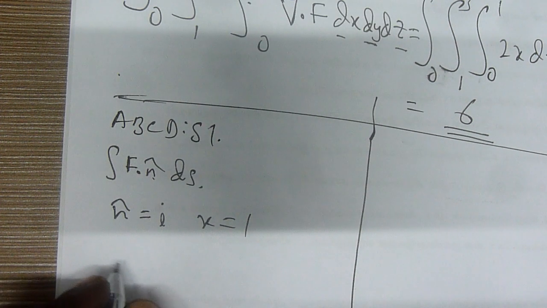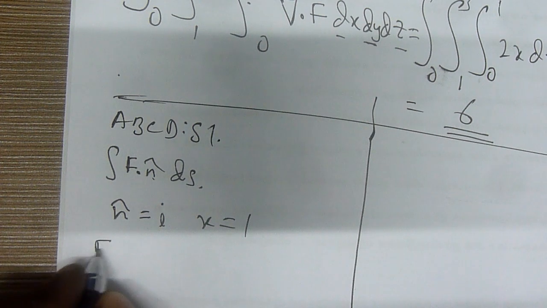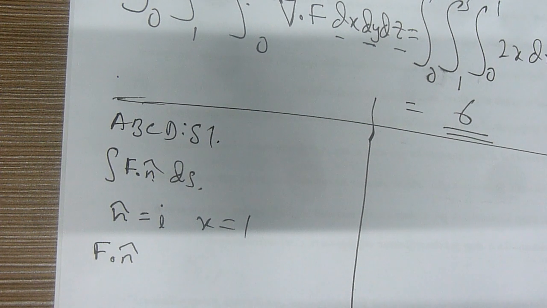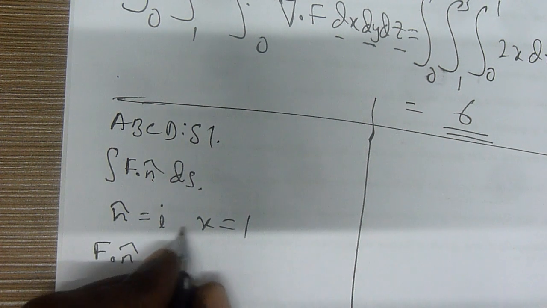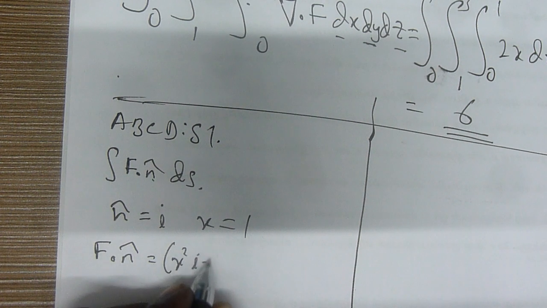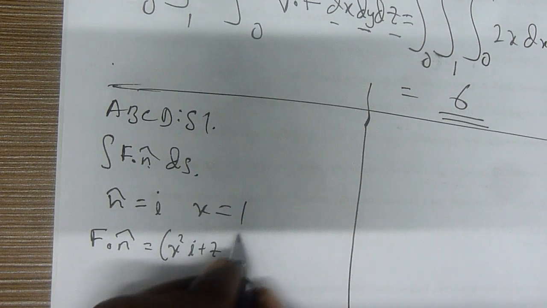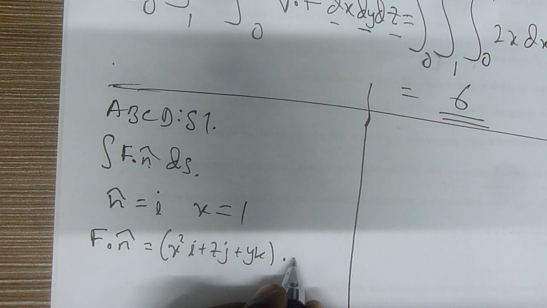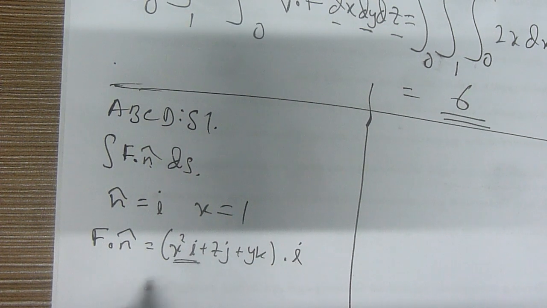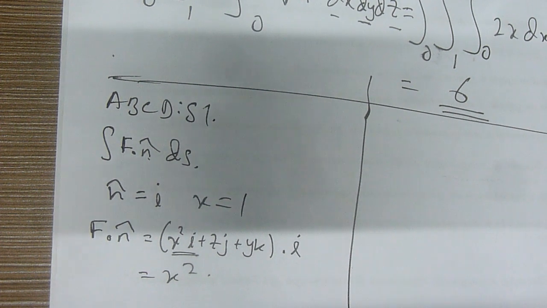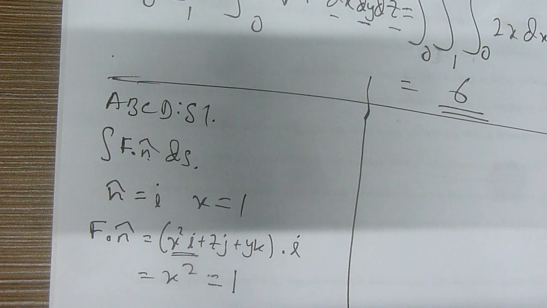When we combine F dot n, what is F and n? F is x2 i, z j, y k, dotted with i. Of course, you get x2. Since we know x equals 1, then you get an answer of 1.